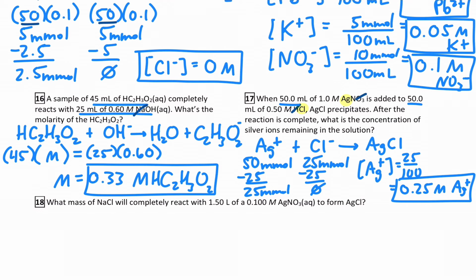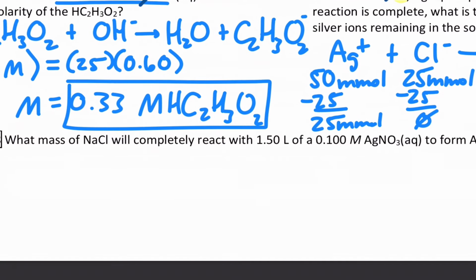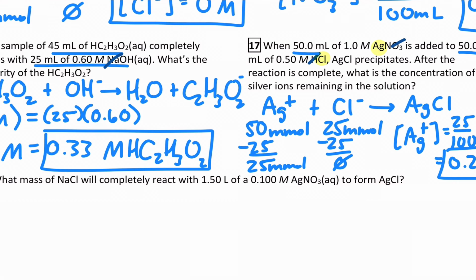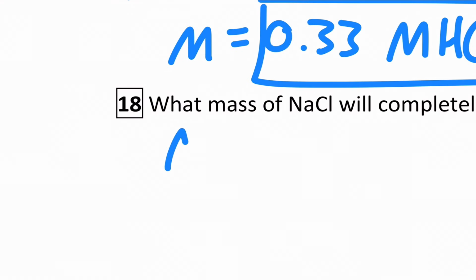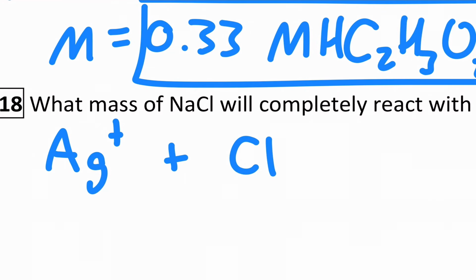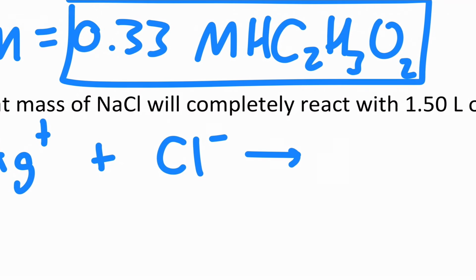Last one, what's the mass of sodium chloride that would completely react with this volume and molarity of silver nitrate to form AgCl? I always like to write the reaction so I can picture what reaction is happening. This is the same reaction as number 17, actually. Silver ion plus chloride ion makes AgCl.